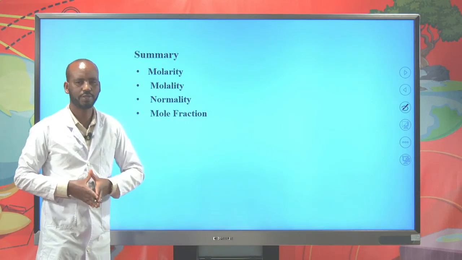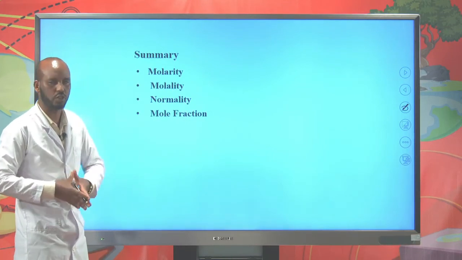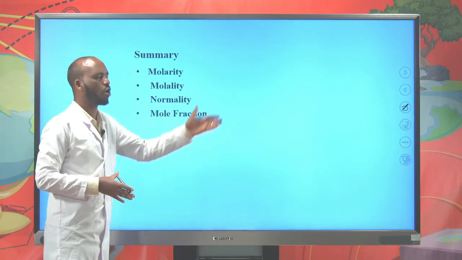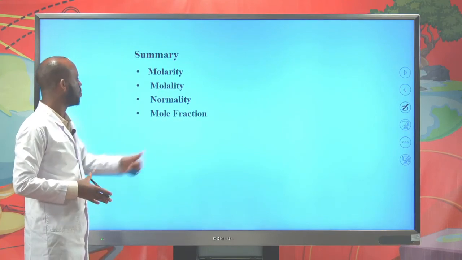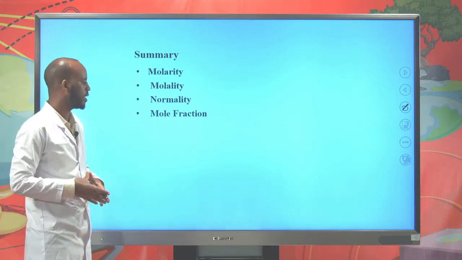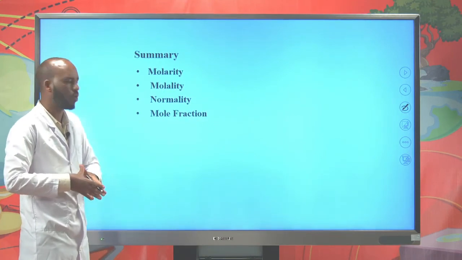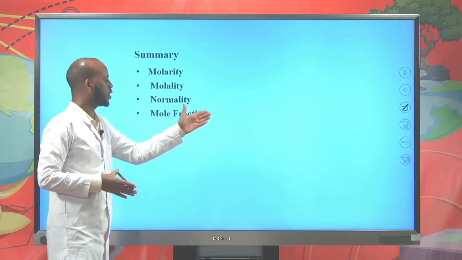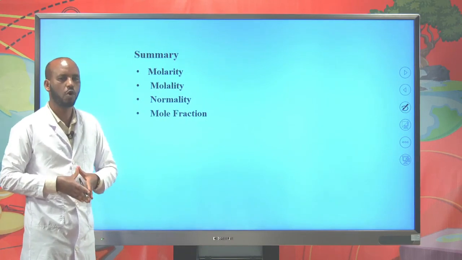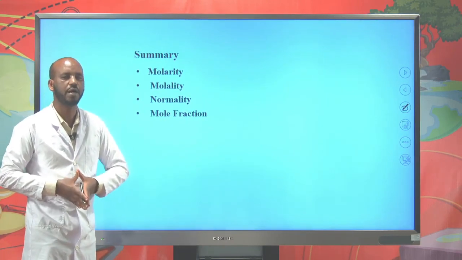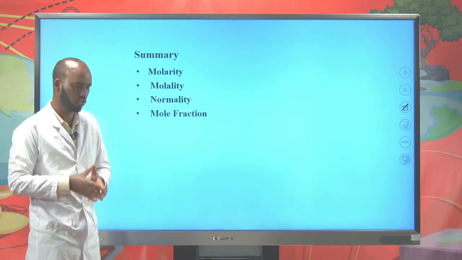Normality of the solution is number of equivalents of solute per liter of solution. Mole fraction of solute is number of moles of solute divided by number of moles of solution. Mole fraction of the solvent is number of moles of solvent divided by number of moles of solution.